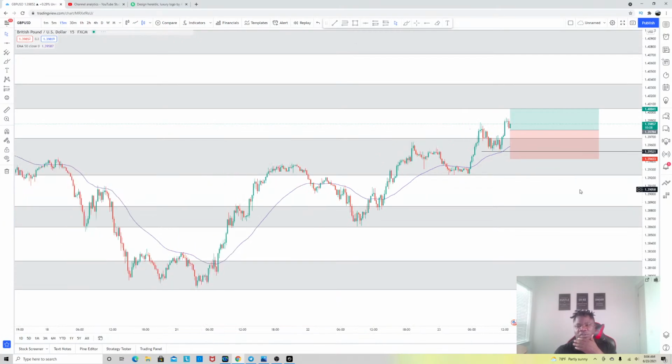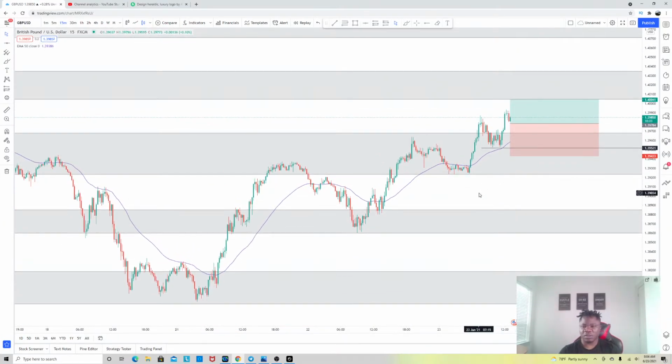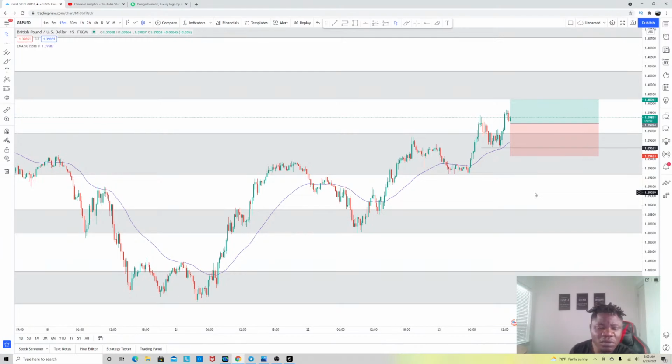So we're currently in this trade as well, GBP USD. We're in it to get just 25 pips. That's the goal for GBP USD, and then we'll be done for today.